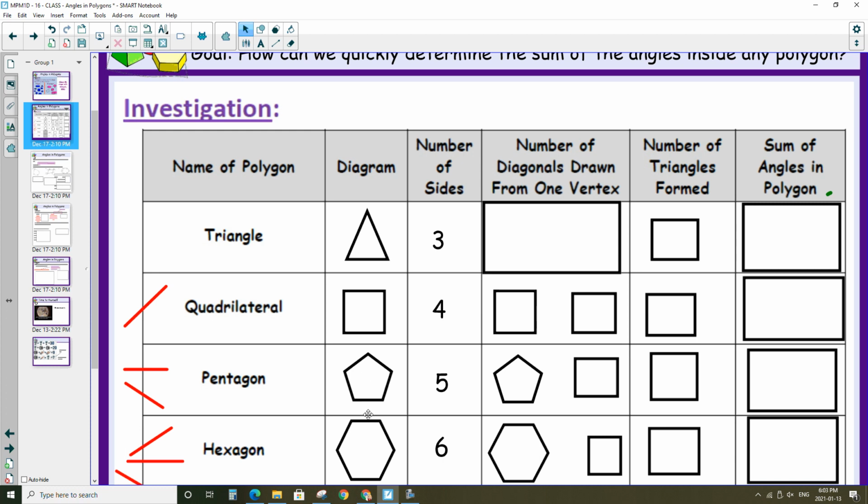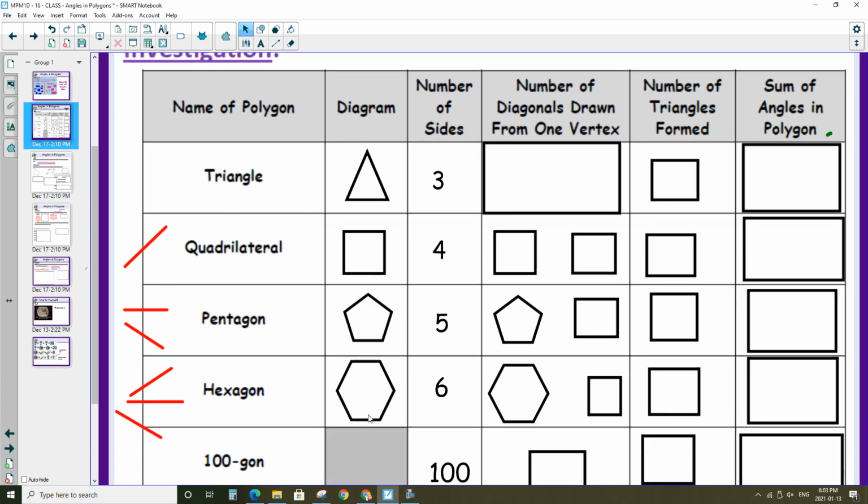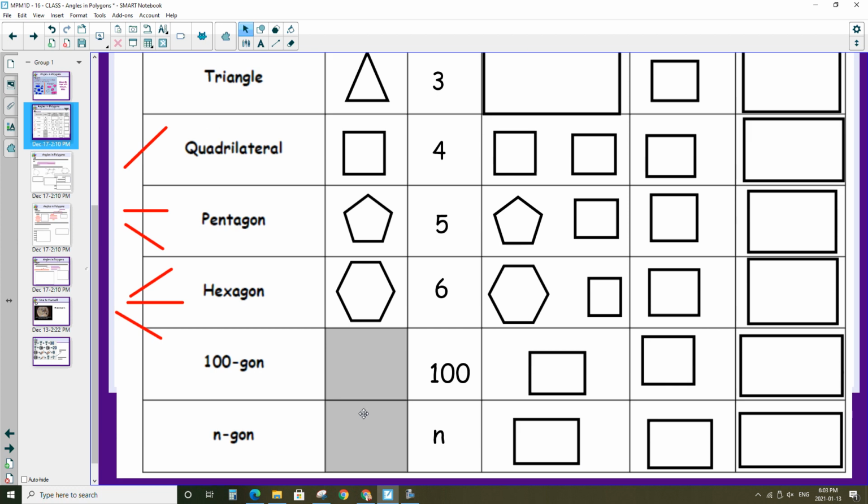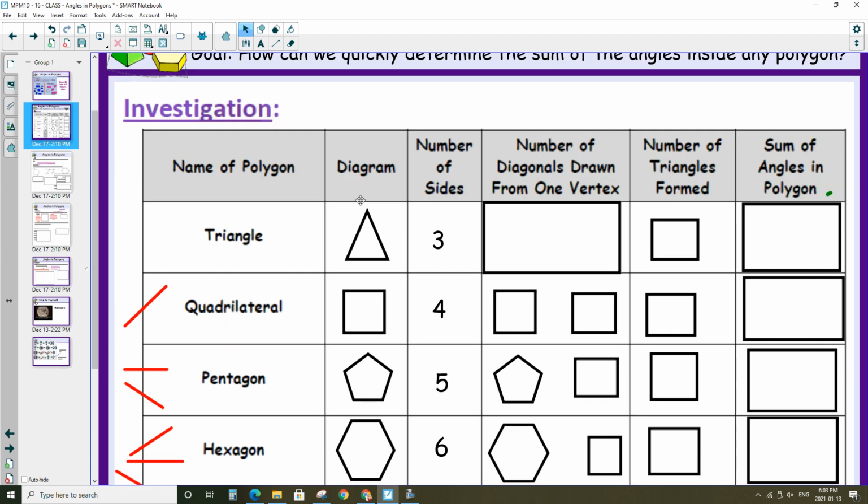So it changes as the polygon changes. We want to come up with a general formula so that we can take any polygon with a different number of sides and figure out what the internal angles add up to. That's our goal for this page.